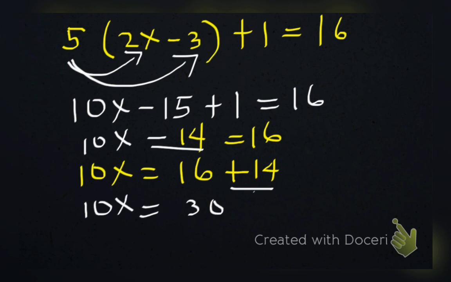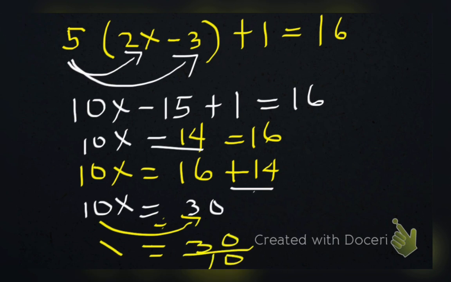So 10x equals 30. Then let's isolate x by itself by dividing 30 by 10. So 30 divided by 10 equals 3. So x equals 3. And that's our final answer.